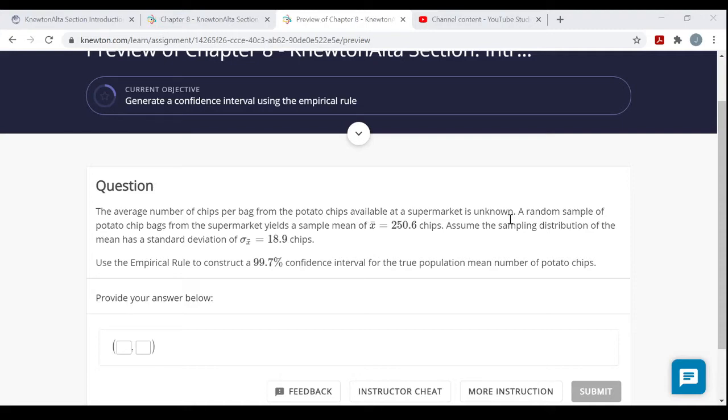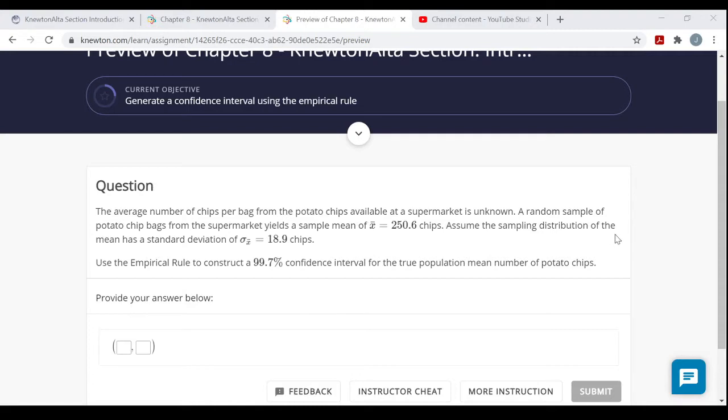A random sample of potato chip bags from the supermarket yields a sample mean of x bar equals 250.6 chips. So the average number of chips in each bag for this sample of bags was 250.6.